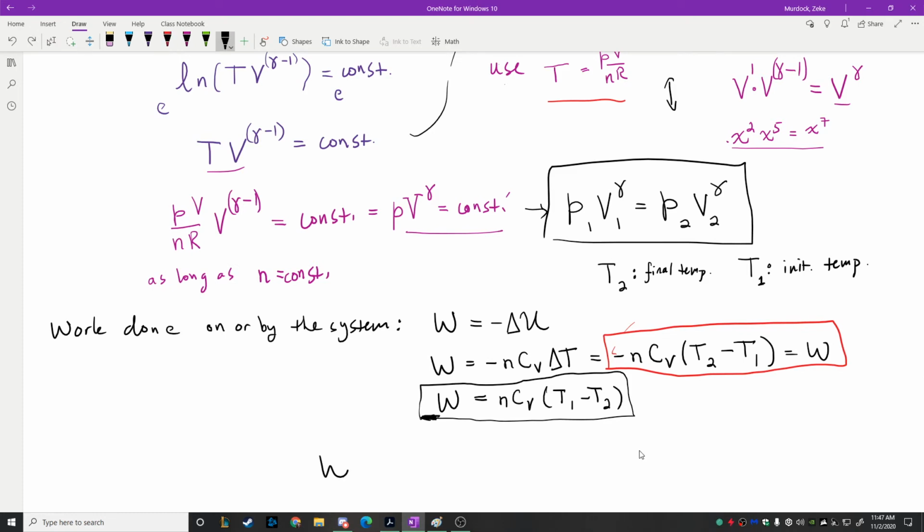We would get that the work done on or by the gas would be equal to, let's see, let's move the N over here. So we're going to replace N times T with PV over R. So we'll get PV over R. Delete this one. So then N times T is right here. So we end up getting CV.